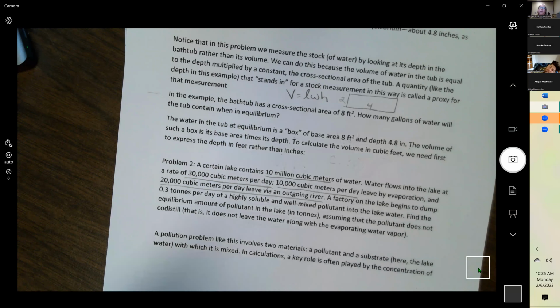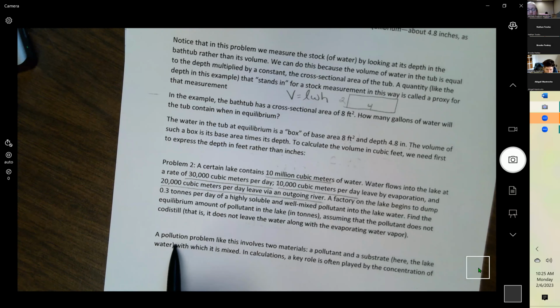And so we do have water that's evaporating, but we're assuming that the pollutant only leaves with the river, not with the evaporation. A pollution problem like this involves two materials, a pollutant and a substrate. That's the lake water in which it's mixed.